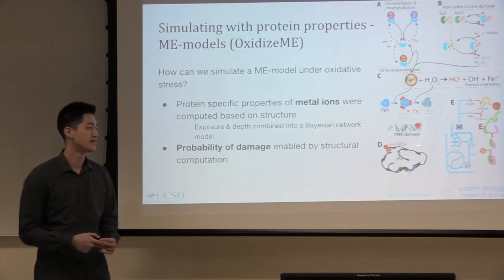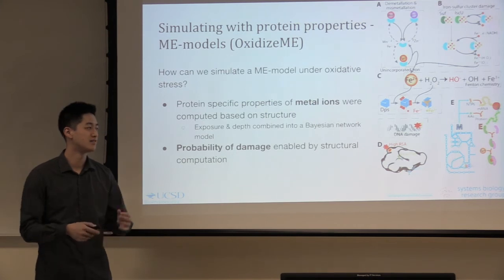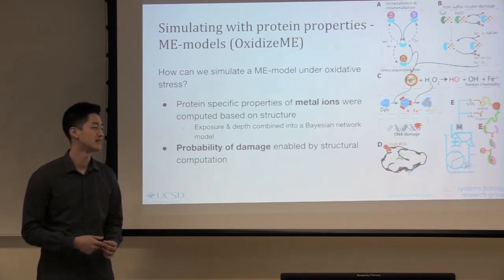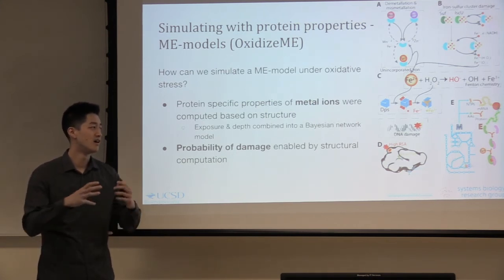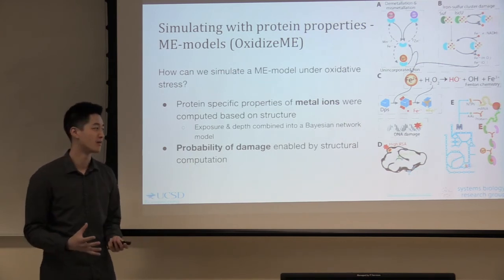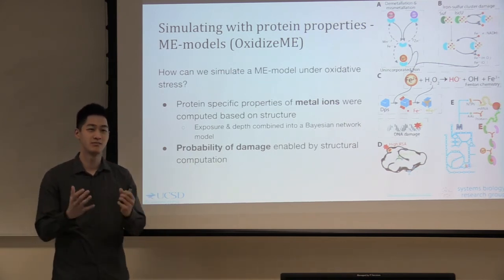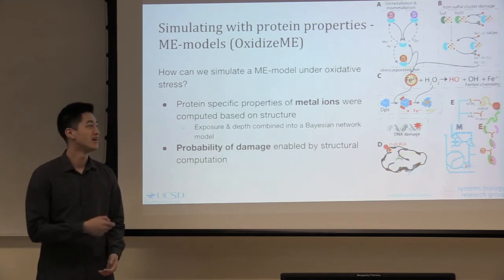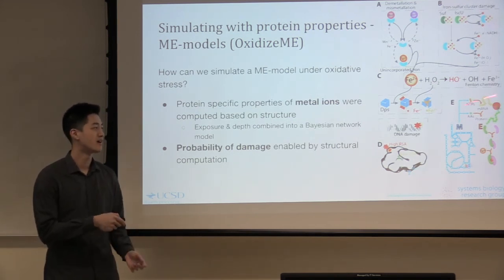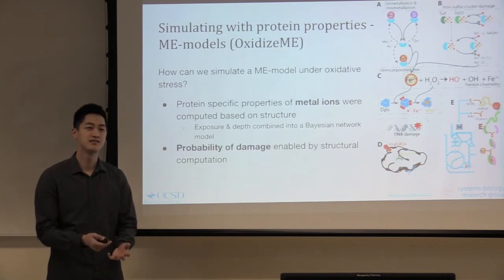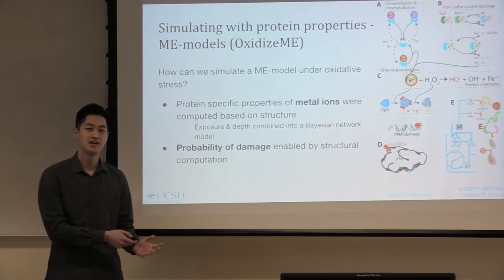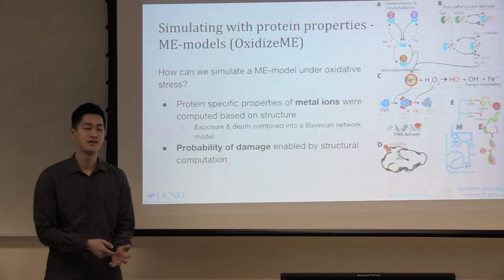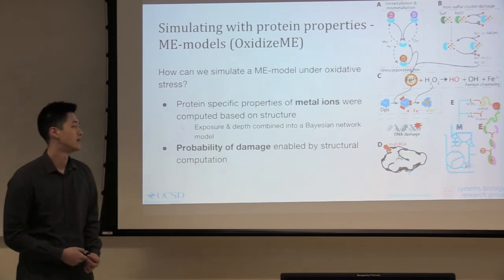So we took that knowledge and, based on computations of these structures within the metabolic network, created a probability of damage for these enzymes. That was incorporated, again, within the ME model to understand if we could simulate a cell under different concentrations of ROS.